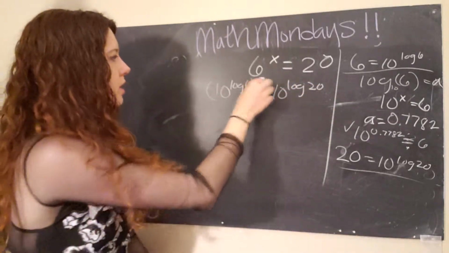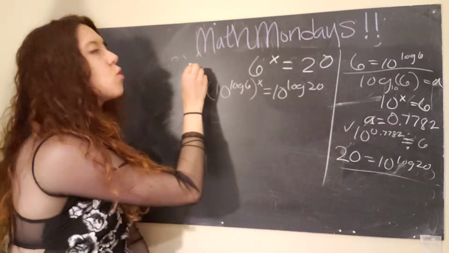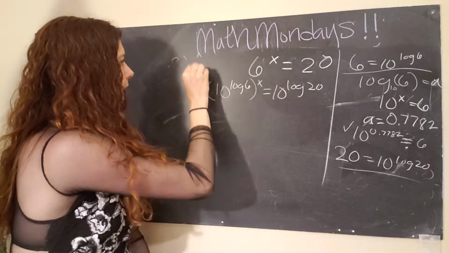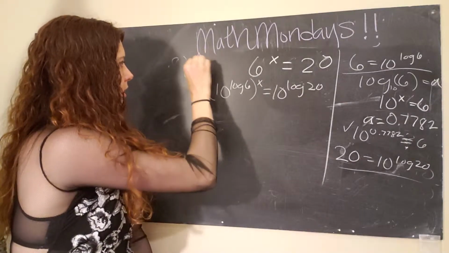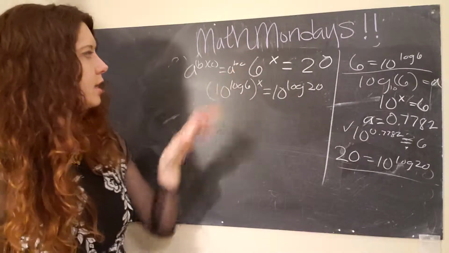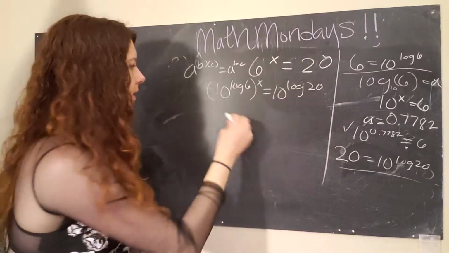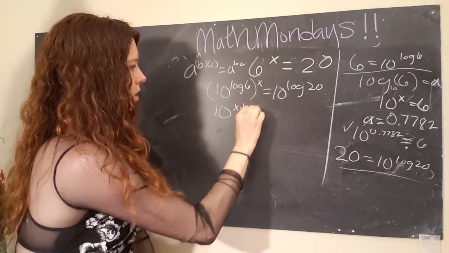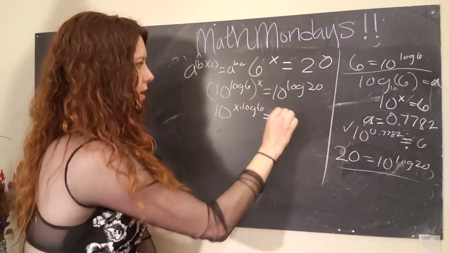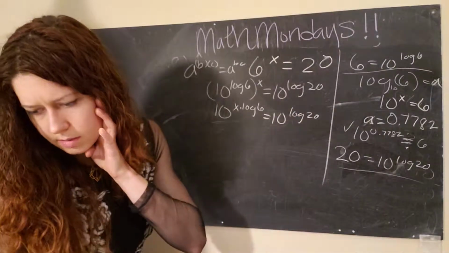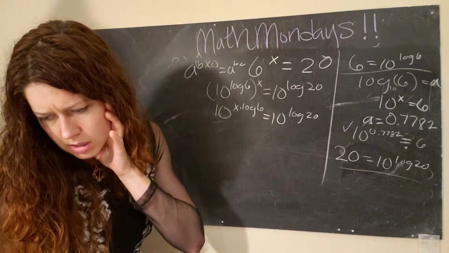Okay, so now, because we know some exponent tricks, like a to the b times c equals a to the bc, just like that, we can bring this x in and say 10 to the x times log 6 equals 10 to the log 20. And let me just double check.